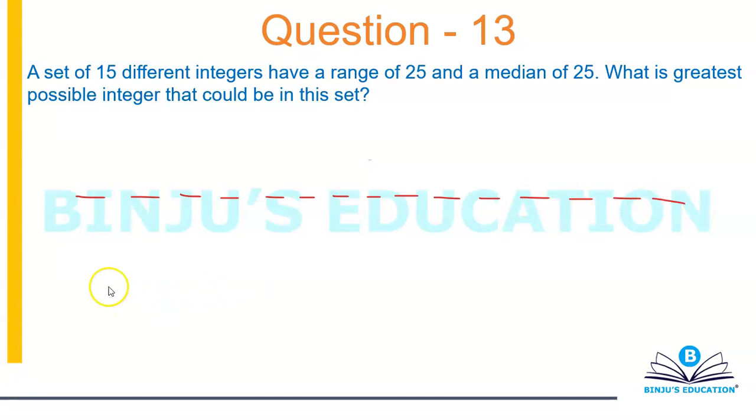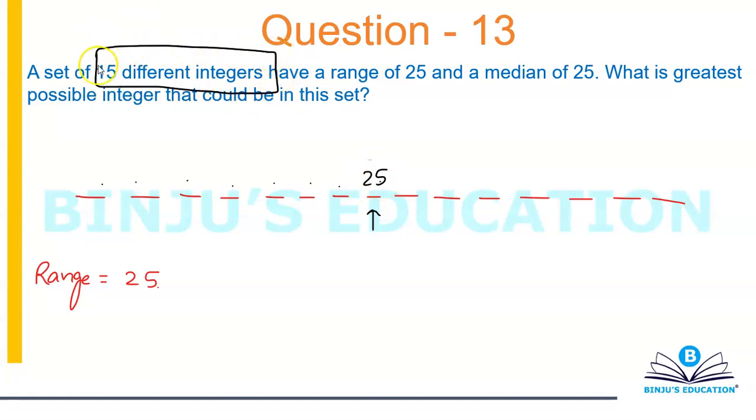The range is 25, and the median is 25, which means the 8th term has to be 25. So 1, 2, 3, 4, 5, 6, 7, 8, and this here is 25. It says 15 different integers and I need a range of 25 also.